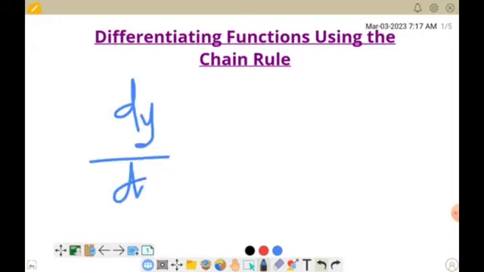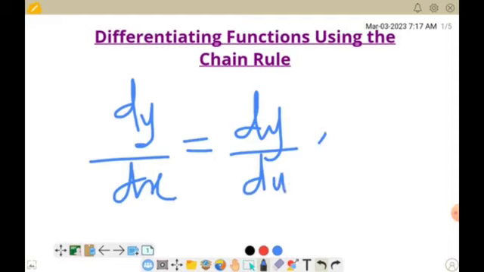It simply states that dy/dx equals dy/du multiplied by du/dx. What does this imply?